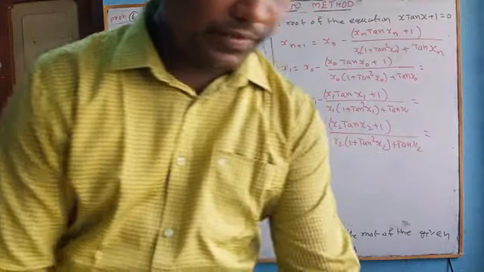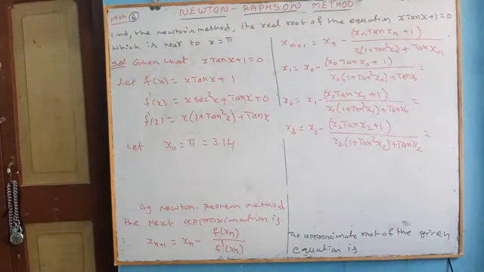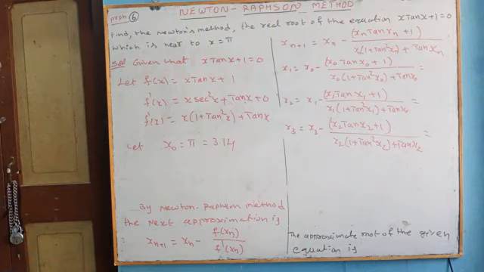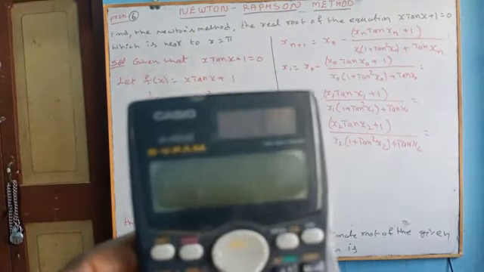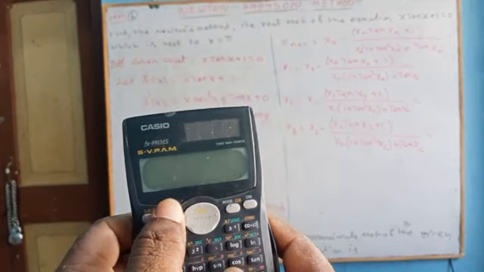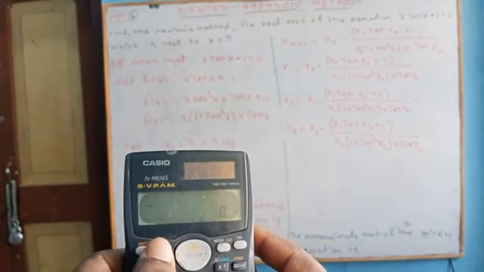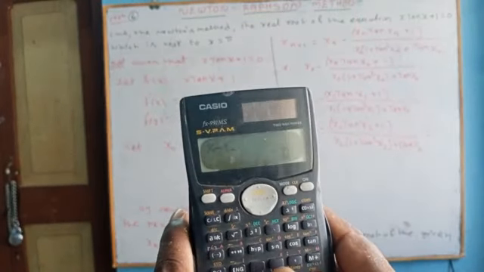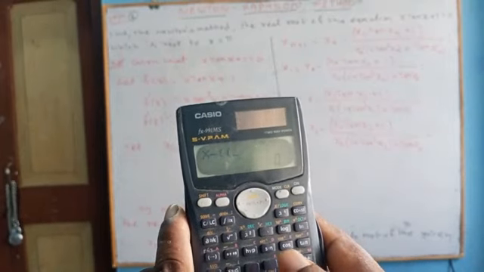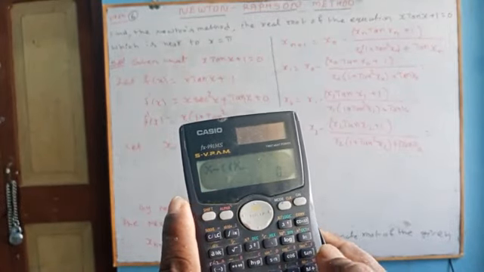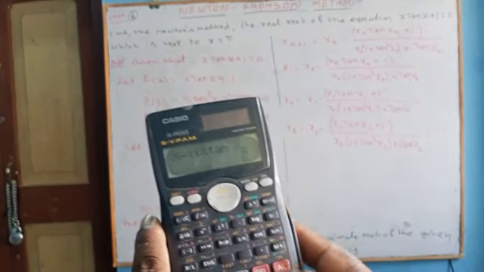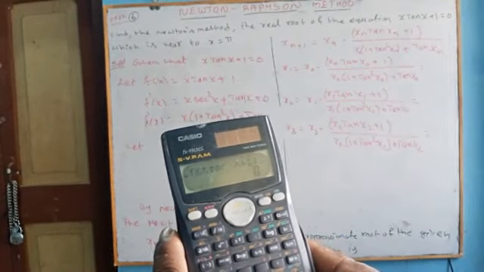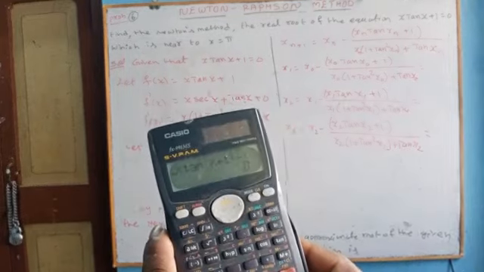So how to find the values? First type this equation. First press alpha x, on the machine, alpha x minus, open the bracket for the fraction, and next open the bracket for the numerator. What is numerator? x tan x plus 1. Close the bracket for numerator, and divided by, open the bracket for denominator. What is denominator? x.